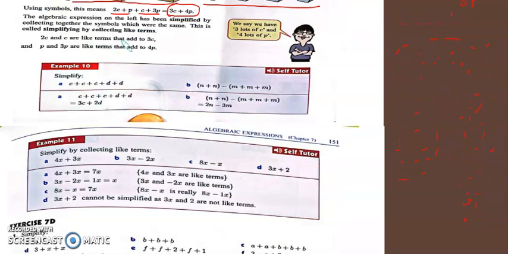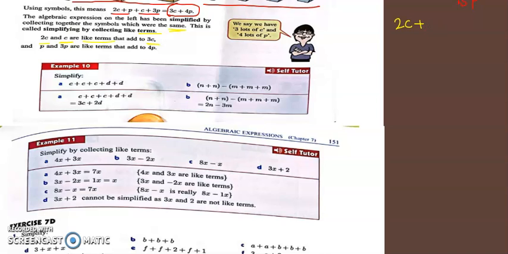Now if you observe carefully, it is written over here using symbols. The algebraic expression on the left has been simplified by collecting together the symbols which were the same. That is called simplifying by collecting like terms. 2c and c are like terms and they add to 3c.